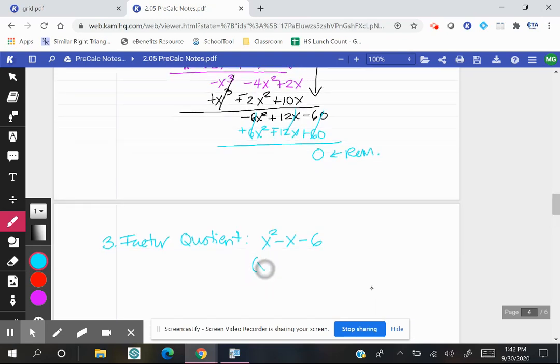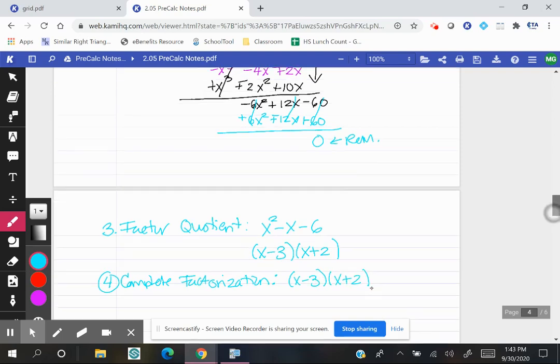So we'd factor that as x minus 3 and x plus 2. Now we have everything we need. So what we can do now is write our complete factorization, or as a product of linear factors. Same thing. So I've got x minus 3, I've got x plus 2.